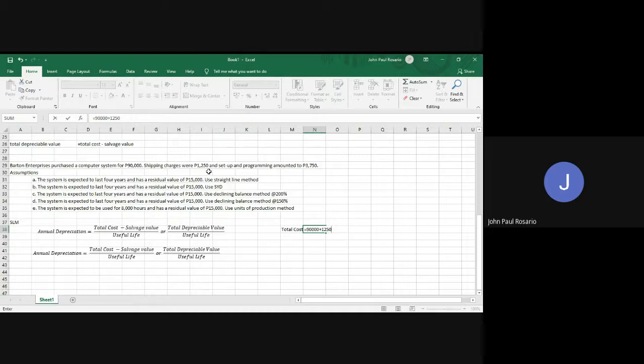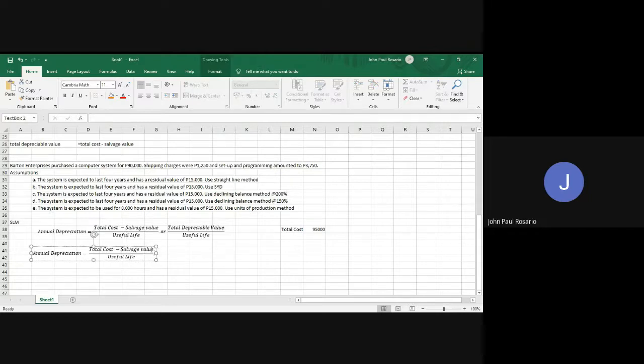The transportation cost was necessary to bring the computer system to the company, and the setup and the programming was necessary so that the computer system can be used by the company. So for a total cost of 95,000.